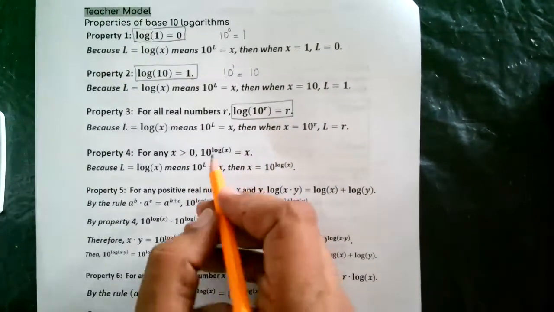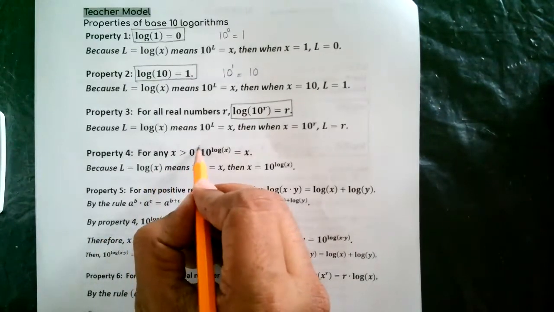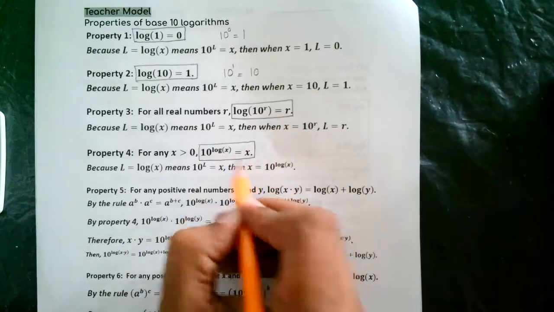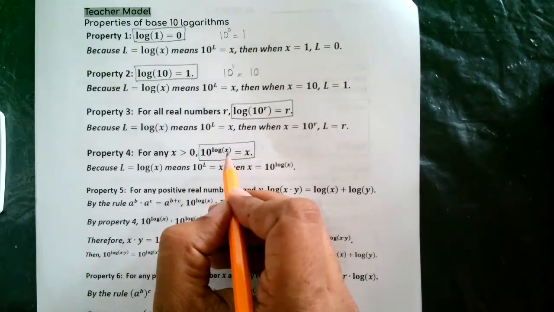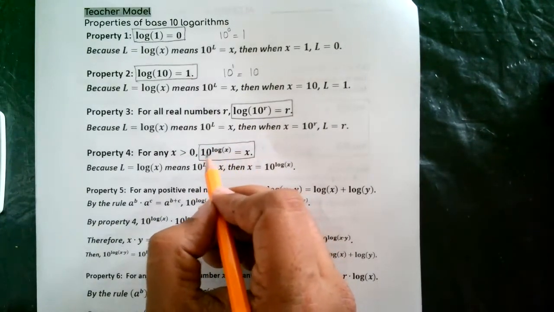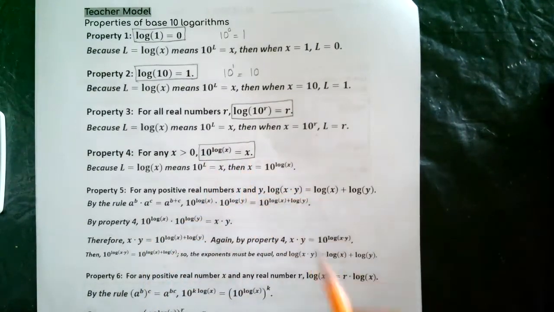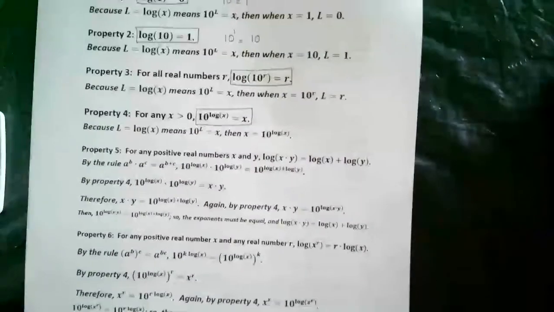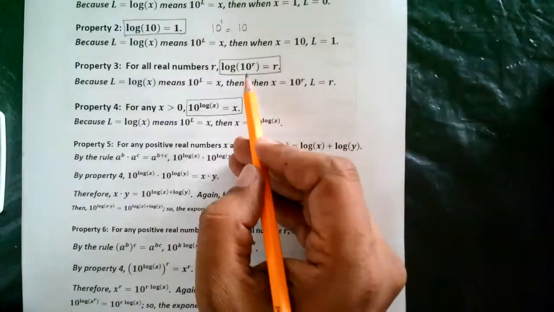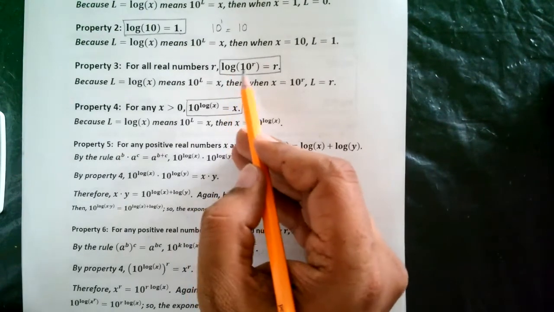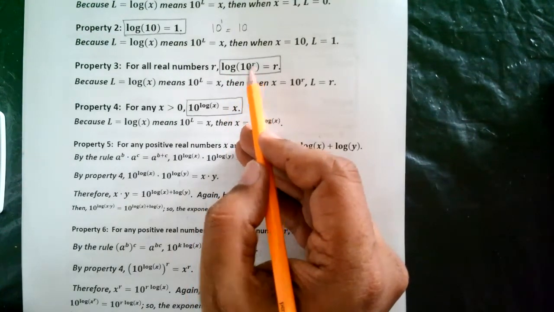Next property is property number 4. So if you have 10 base and you have exponent log of x, again the base, the exponential base and the log cancel out and you get x. So these two things are pretty much the same, except that here you have log outside and exponential expression inside.